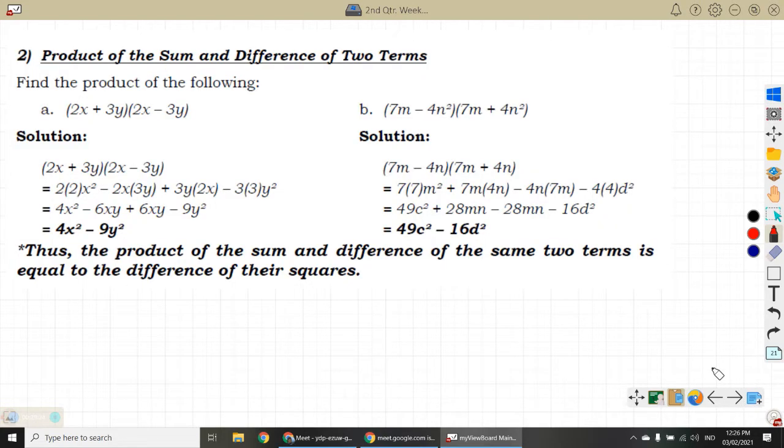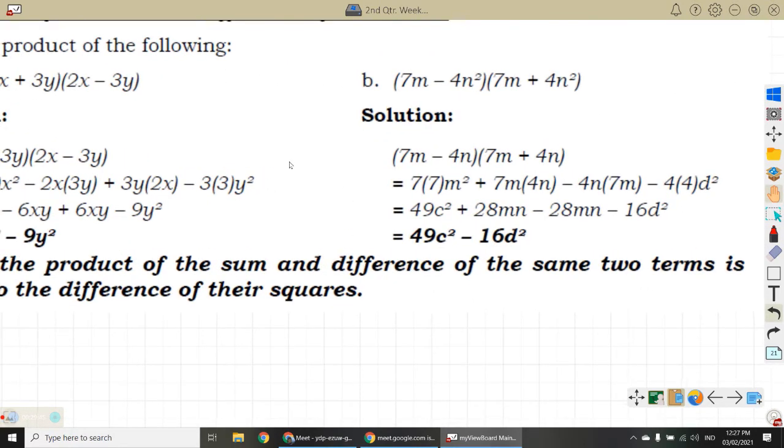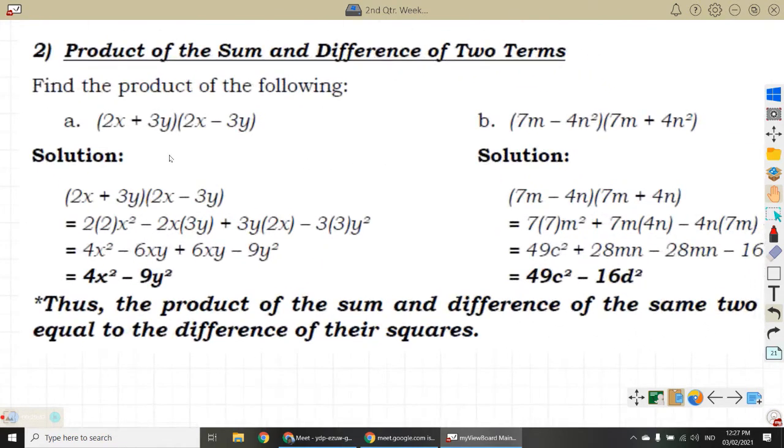Okay. So, to continue, we have the second special product, the product of the sum and the difference of two terms. Okay? The product of the sum and the difference of two terms. So, kanina, as we inspect, hindi magkapareho ang kanyang numerical coefficients, no?